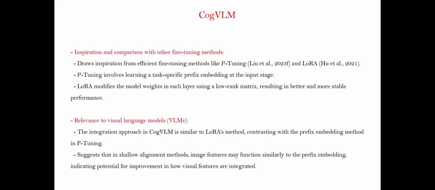On a higher level, we can think of CogVLM as bringing both P-tuning, in the form of the shallow alignment method, and a LoRA-like approach through a trainable visual expert. But the trainable visual expert is not a low-rank approximation; you can think of it as full rank.